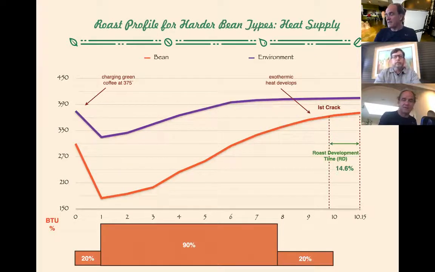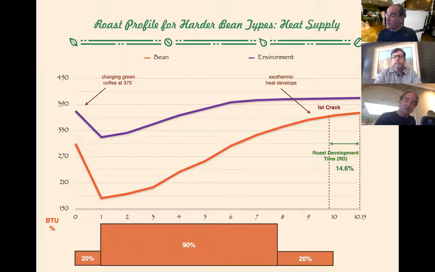And this is how this heat supply looked, where we are first immersing the beans with a lower level of heat input, 20%, until the bean temperature starts to come up. And then we increase the burner setting to 90%, so a lot of heat.